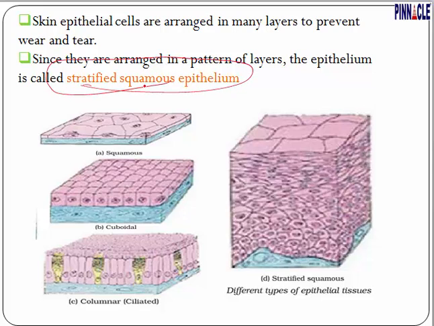This is the variety of squamous epithelium. If the structure is in layer form, as present in the skin, it will be called stratified squamous epithelium. And this is cuboidal shape, and this is columnar, just like a column.